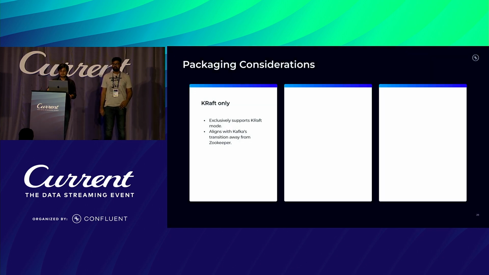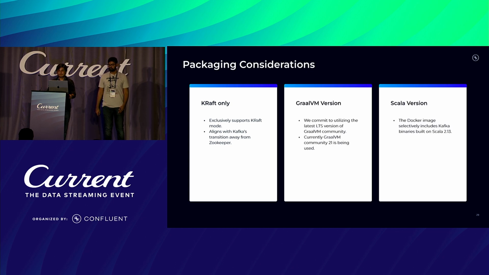First of all, let's look at some packaging considerations. We'll be only supporting KRaft mode. Given that Apache Kafka is transitioning away from Zookeeper, this decision aligns with the direction that we are going with Apache Kafka.